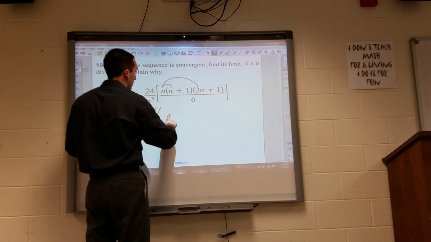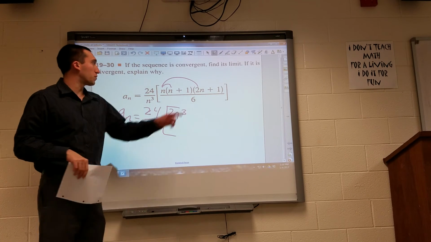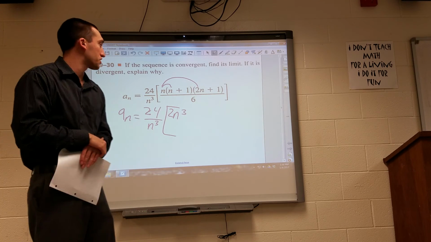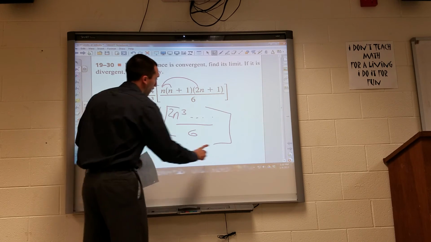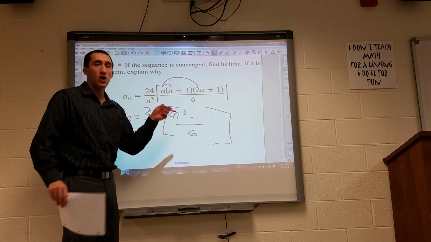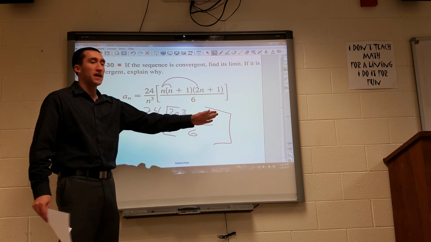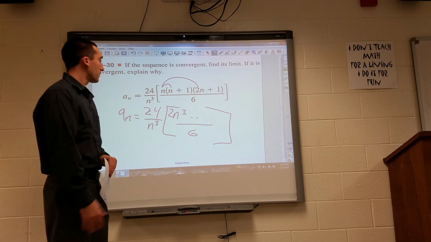And the numerator here is going to have 2n cubed, because we have a 2n times n times n, so we're going to have an n cubed as the largest degree. And then there's going to be stuff after it, but we're not worried about that stuff because we're only worried about the largest degree and the coefficient of that largest degree, right? Everything else will have a smaller degree, so they're not going to impact our limit at infinity.